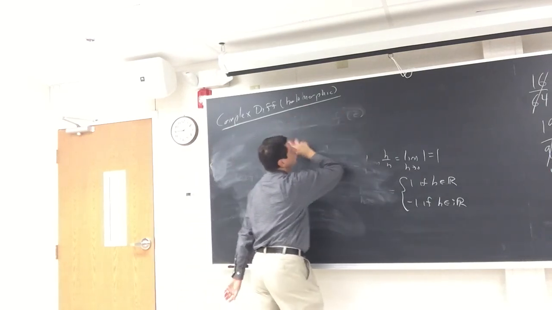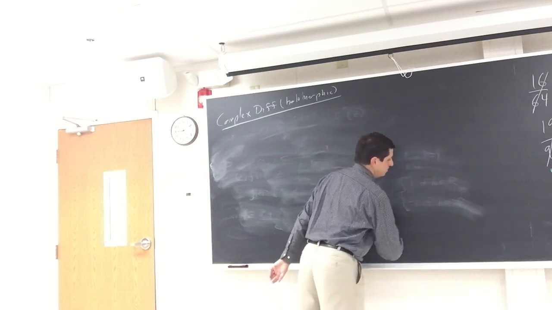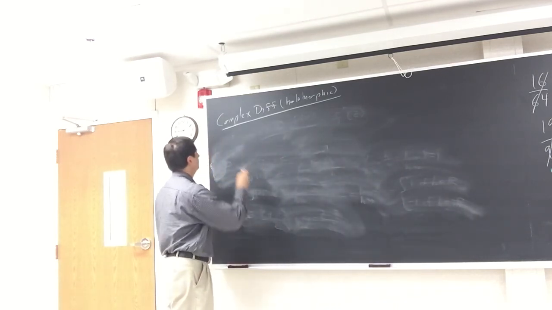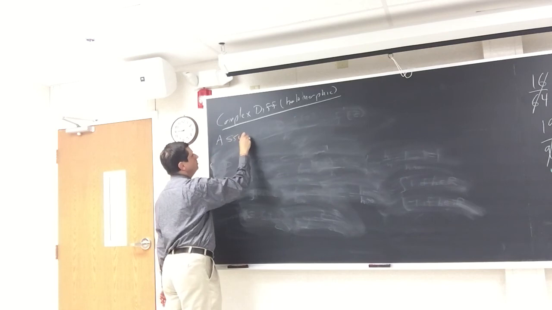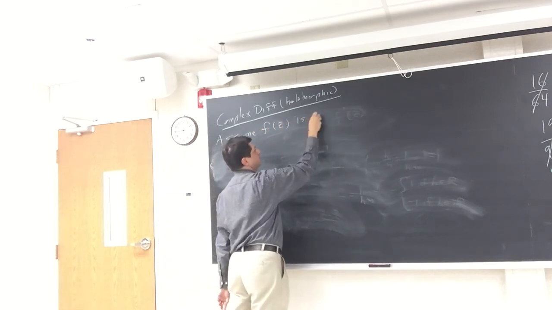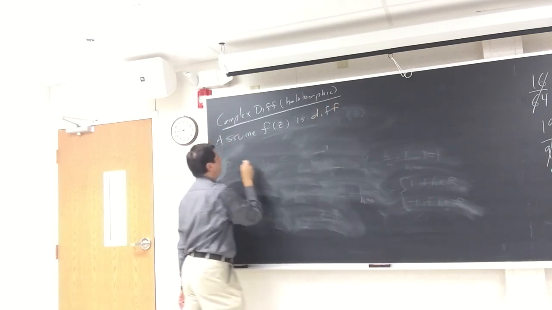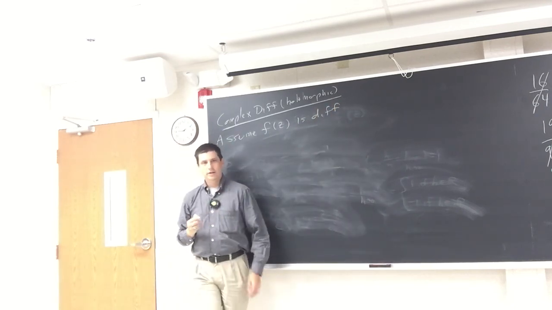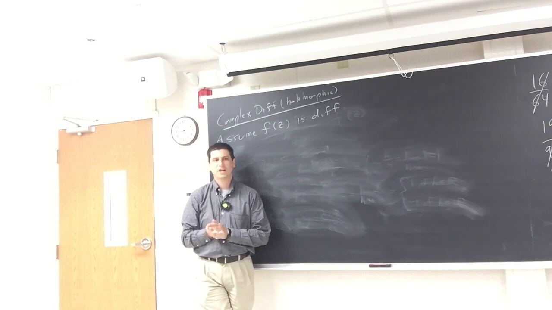So let's assume we have a function that is differentiable. So assume our function f of z is differentiable. The further you go in mathematics, the more willing you are to abuse notation.